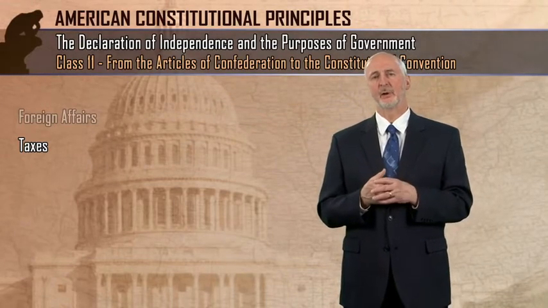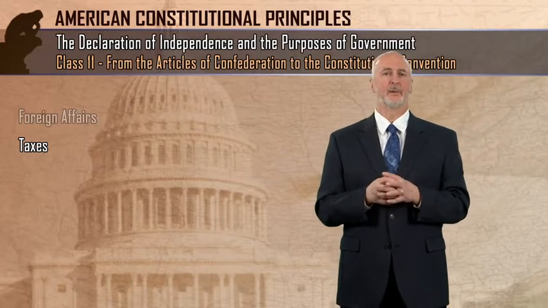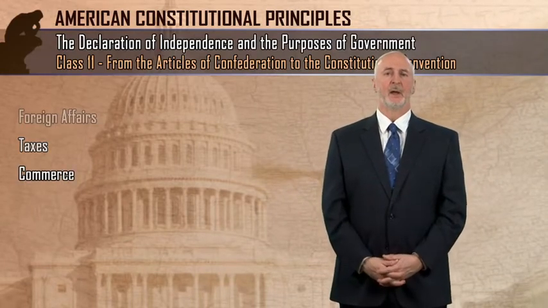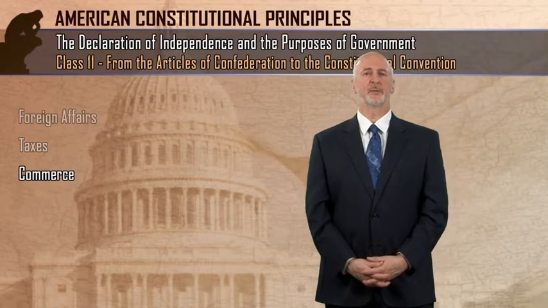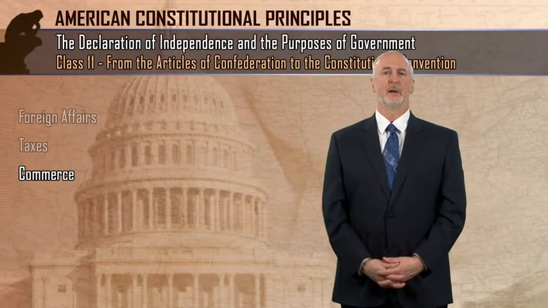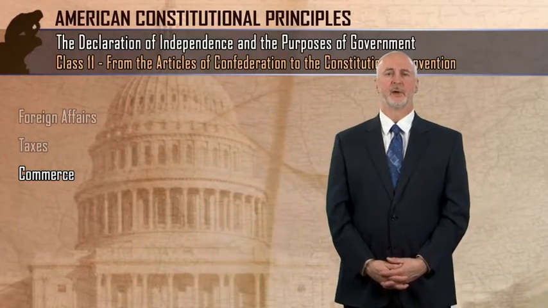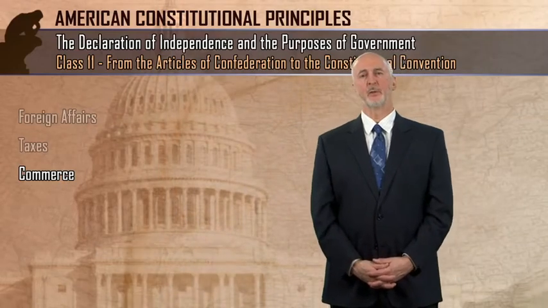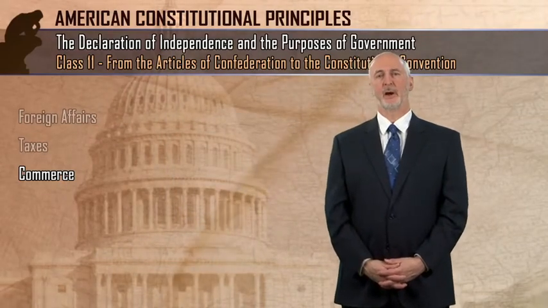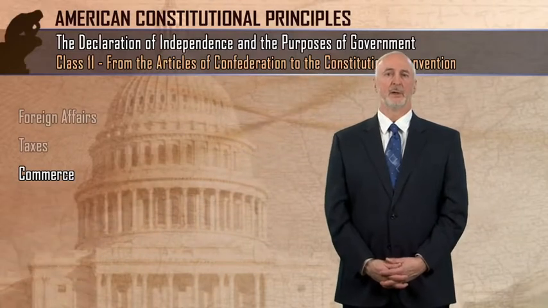And then third, you also have the problem of commerce. Now in this case, it's perhaps not so much the affirmative power of the Congress to regulate commercial affairs. It has to do especially with the elimination of trade barriers among the states.